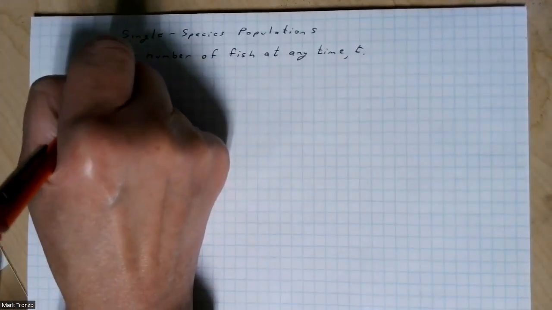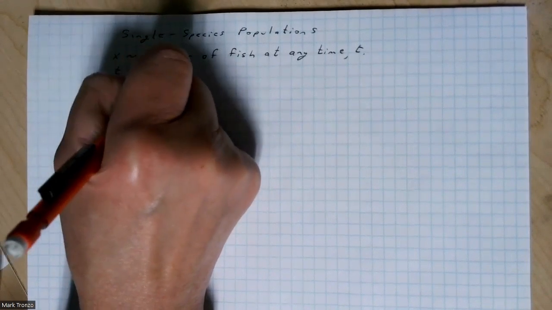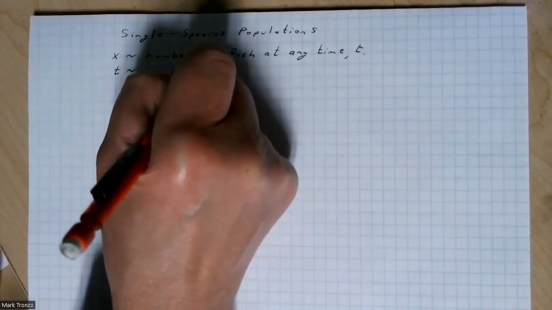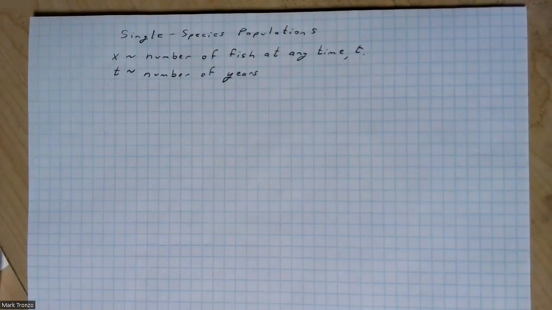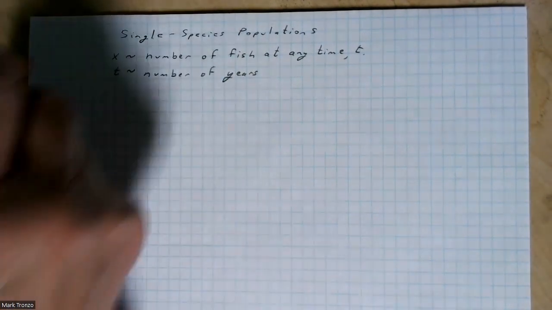And again, t is the number of years. And so we want to find an equation for the number of fish in a pond.